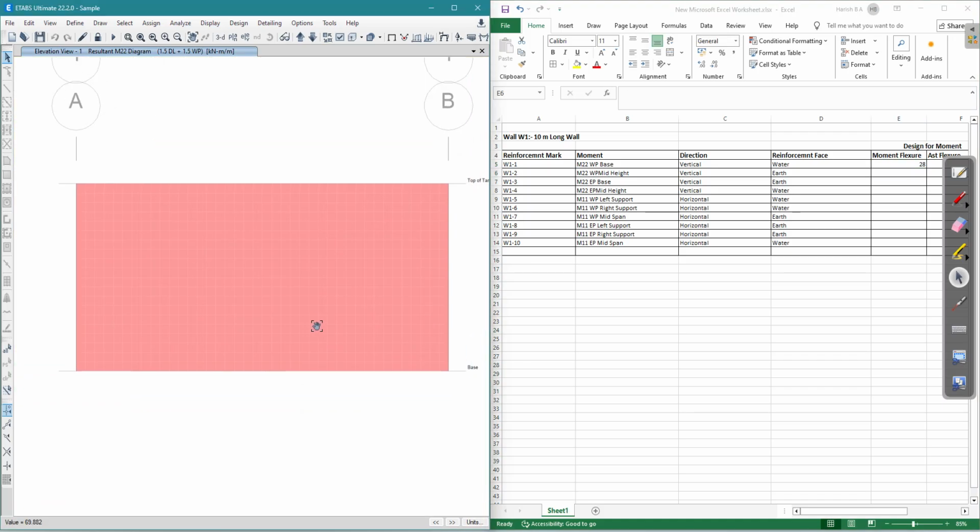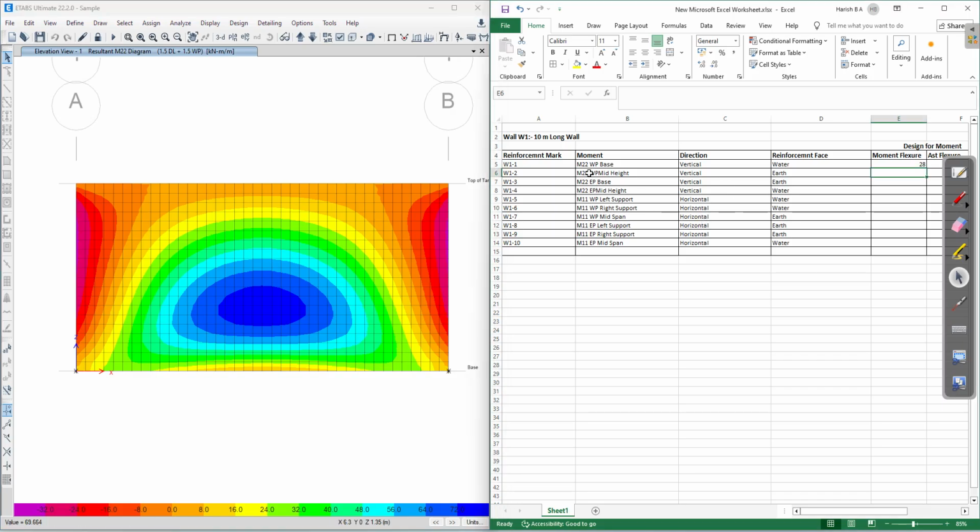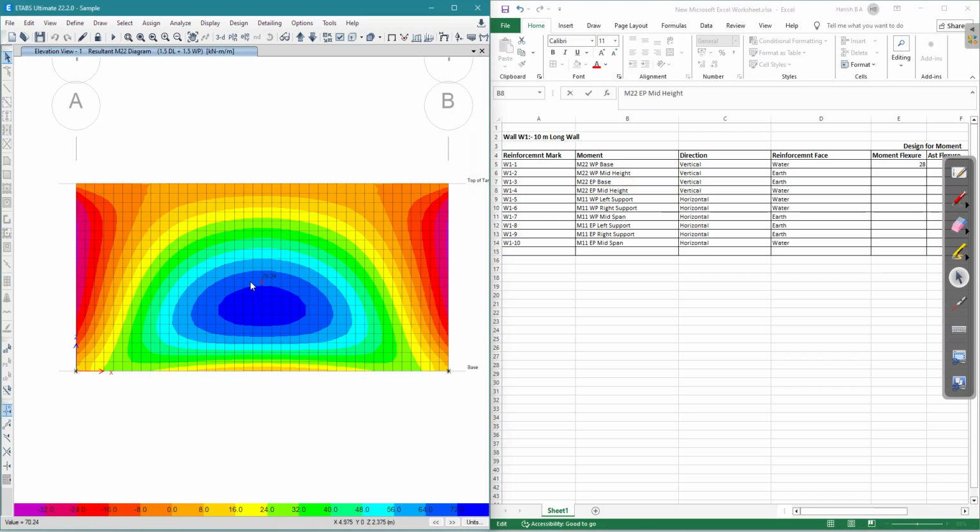Next is M22 water pressure mid height. So which means at the mid height. So this is your tank. Base means you need to look at this region.